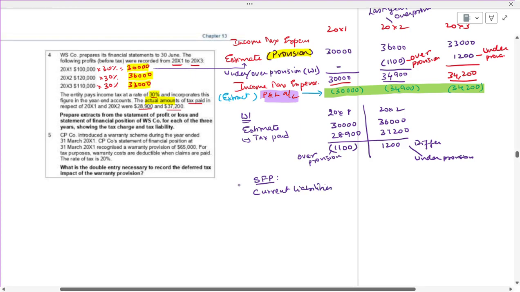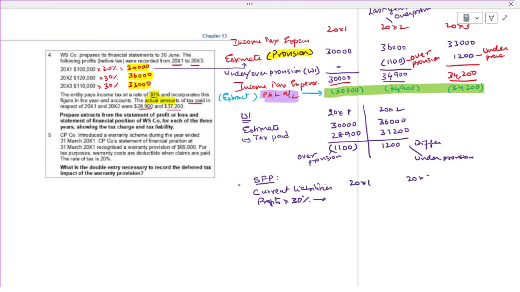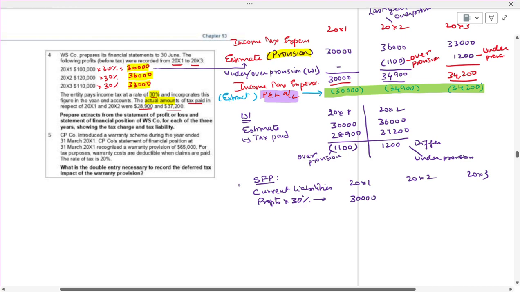In the current liabilities, whatever the profits are, times the tax rate. The profits are there for 2001, 2002, 2003. Is that right? It is 30,000, 36,000 and 33,000.